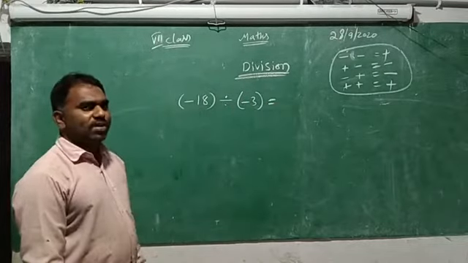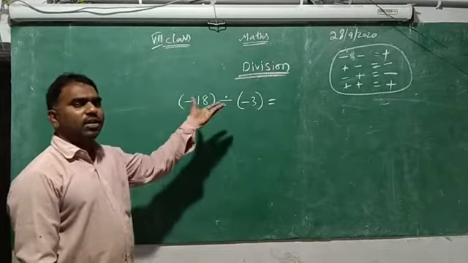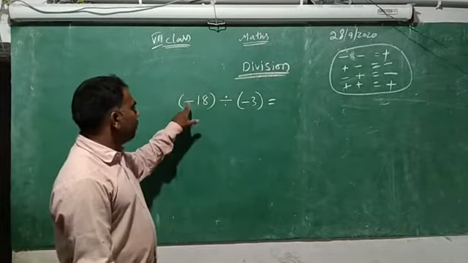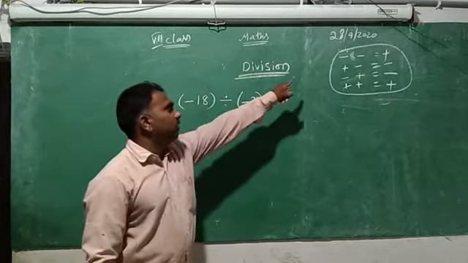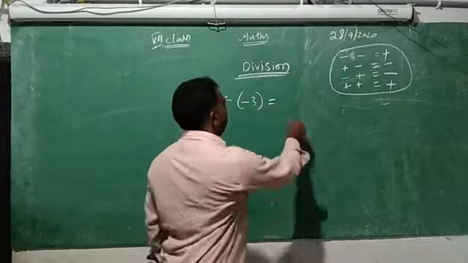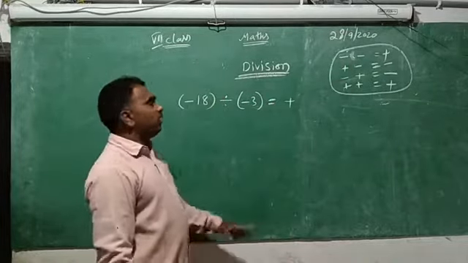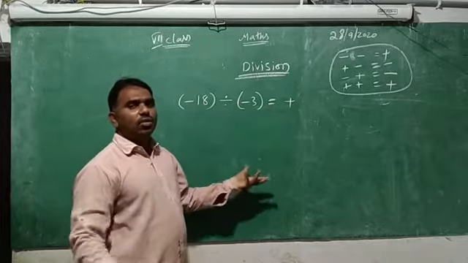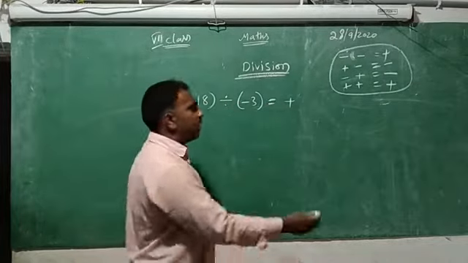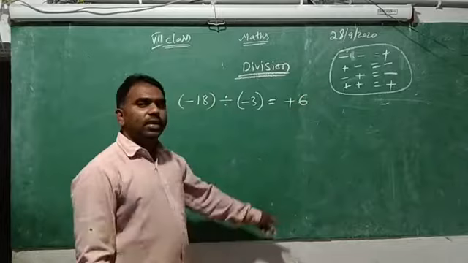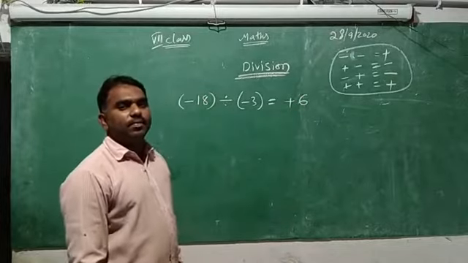So what should we do? Very easy, simple. First symbols combination, next numbers. Minus and minus will become plus. Now divide the numbers. 18 divided by 3: 3 times 6 is 18. That's why the answer is plus 6.